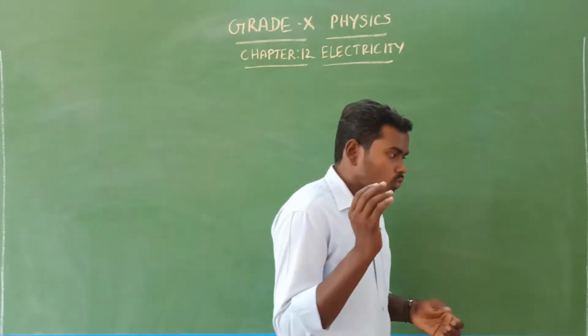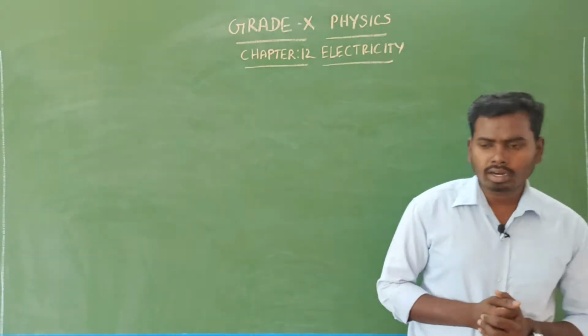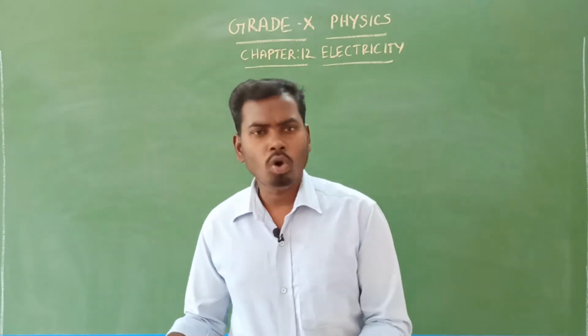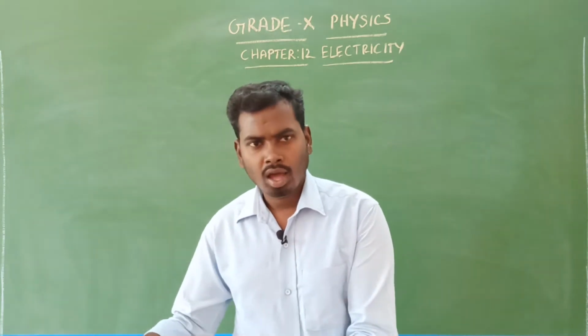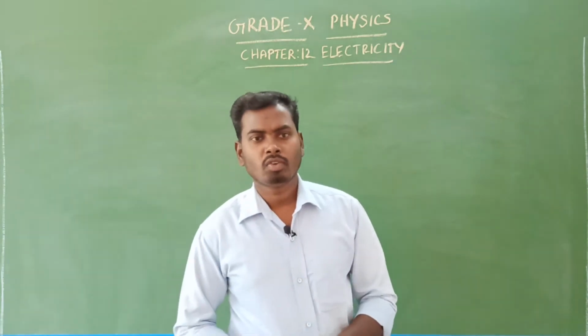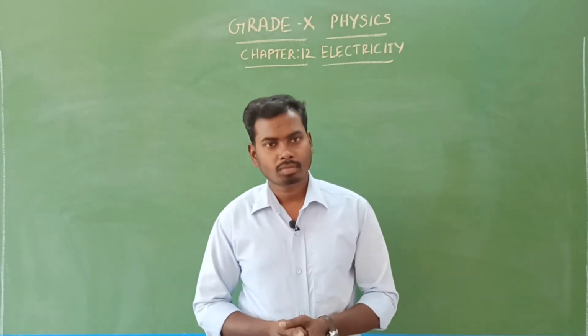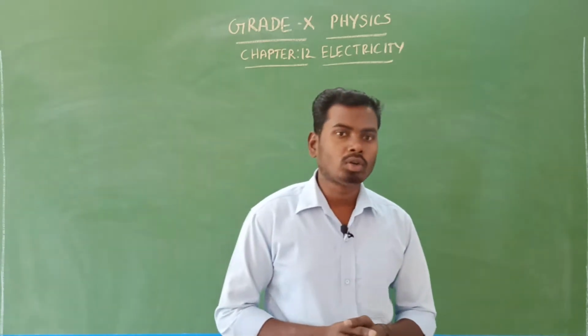When a number of resistors are connected in series, what happens to voltage, current, and total resistance? According to Ohm's law, V equals IR.